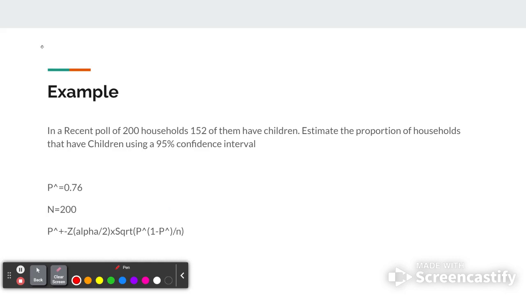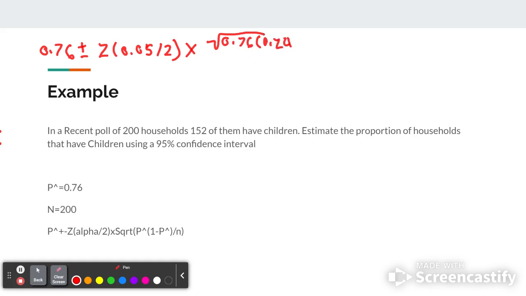So p-hat, 0.76, is known, plus or minus z times the significance level of 0.05, which we find by 100 minus 95%, which would be 0.05, divided by 2. And then we'll multiply that by the square root of 0.76 times 0.24, or 1 minus 0.76, divided by 200.